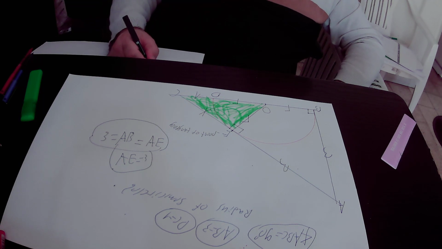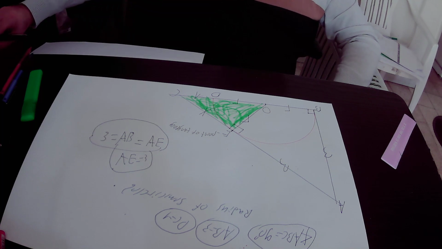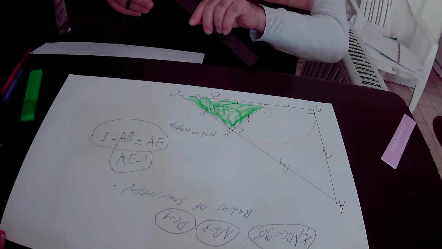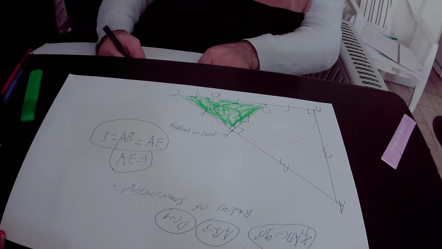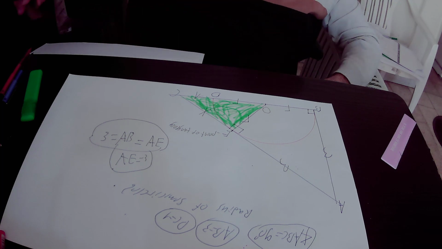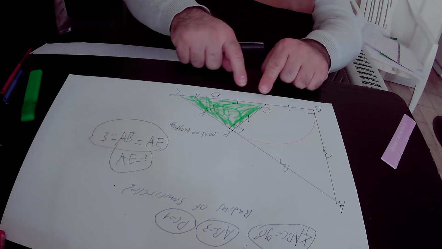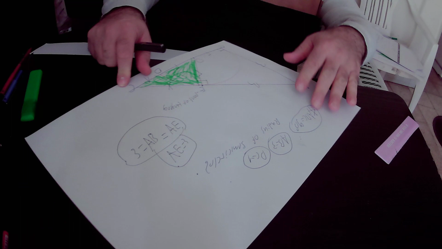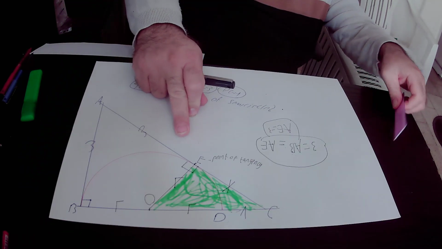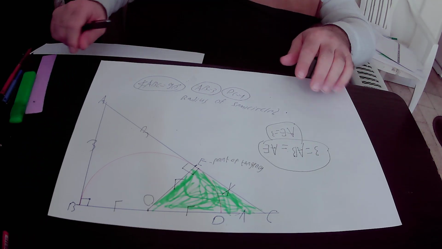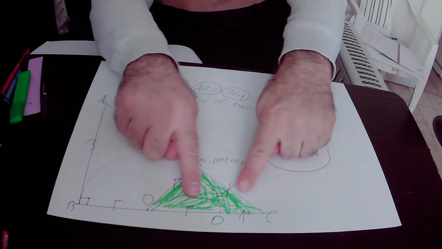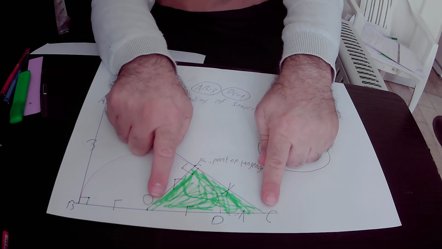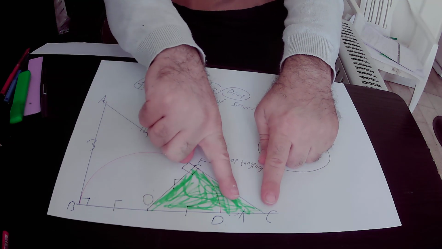But what is OC? The size, or the length, of side OC of triangle OEC, you can see from the drawing, equals R plus 1.